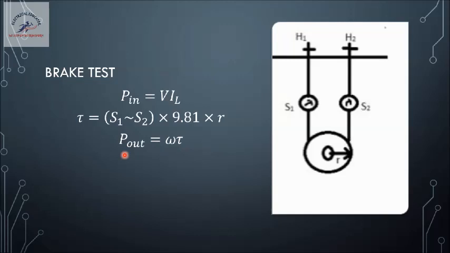If we know the output and input powers, it is possible for us to find the efficiency. The efficiency of the motor is given by P out by P in. Output power is given by omega times T. Omega is the speed in radians per second, tau is the torque which is calculated using these three parameters, and input power is given by supply voltage into supply current.